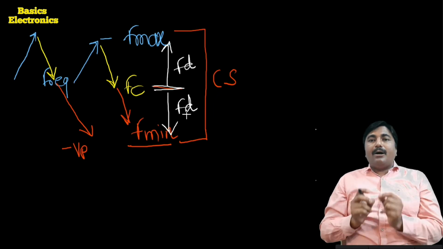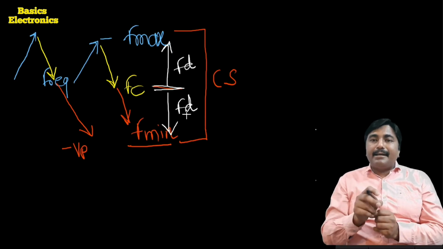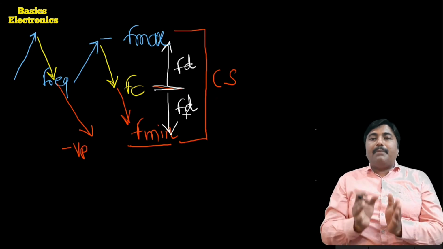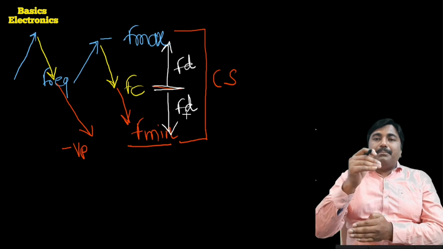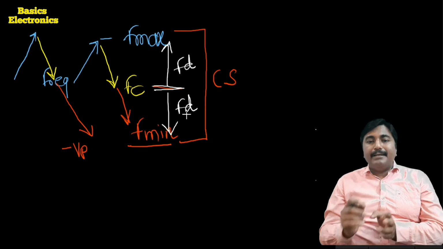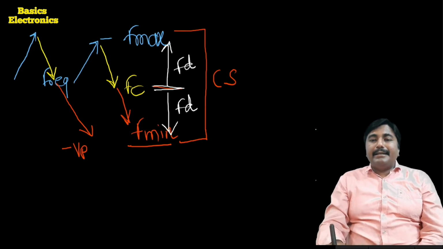The frequency of a carrier signal is also called the center frequency or the resting frequency. The total amount of change from minimum to maximum is what we call the carrier swing. Okay, so in this way the frequency of a carrier is changed.